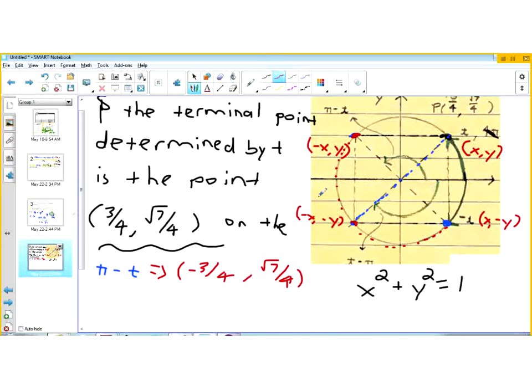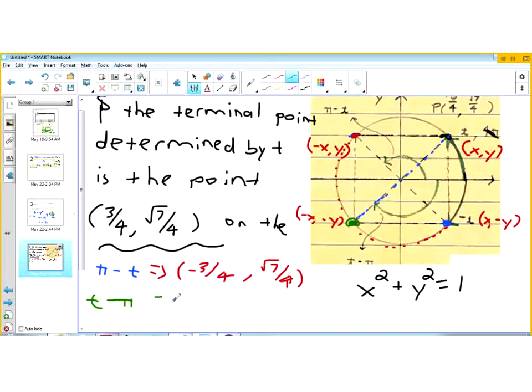Now how about t minus pi? So let's do t minus pi. Contrast pi minus t with t minus pi. So in this case, we start at t, and we walk halfway around the unit circle, or we walk pi radians. And that will cause us to end up right here at the green dot.